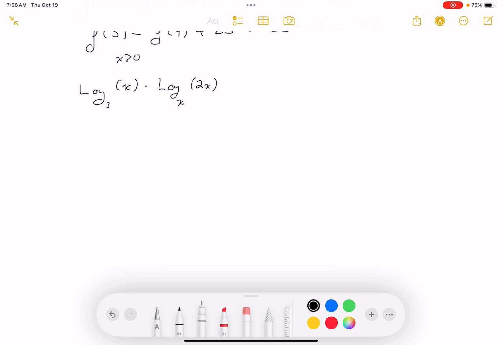Again, x has to be greater than 0, times log base 2x of y. y's got to be greater than 0. And they go on to say that this is equal to log base x squared.